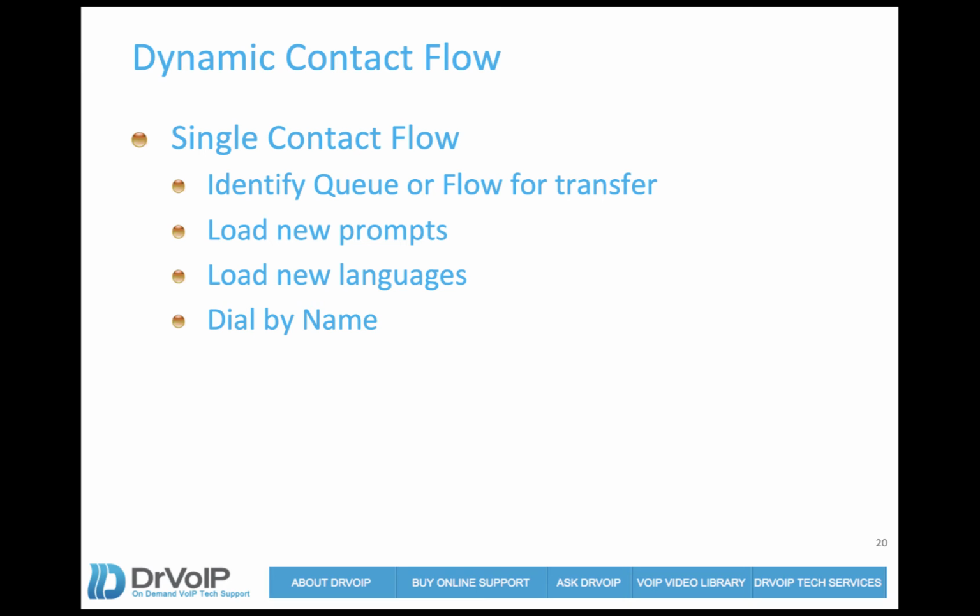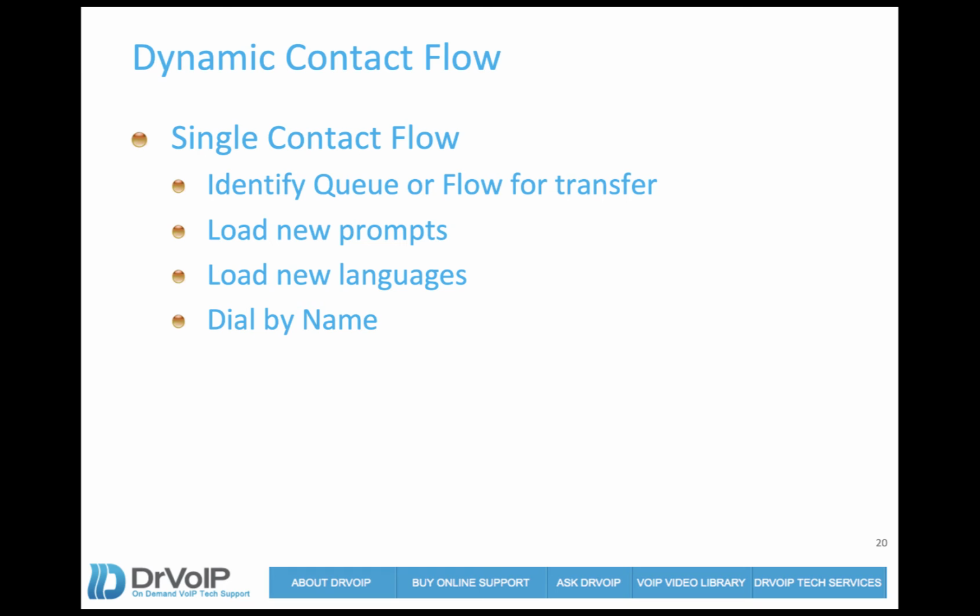You can load new prompts. Part of what we pull back is prompts that we need to play, options that we need to offer the caller. We can bring back languages, right? The caller selected the Spanish-speaking queue. I don't want to reconfigure everything. I could use the same contact flow.